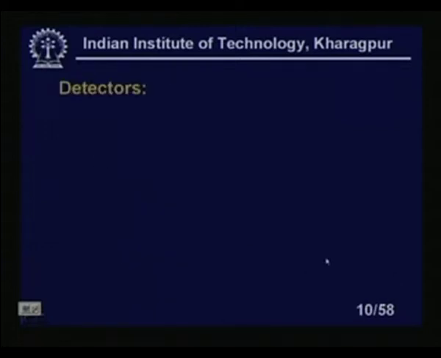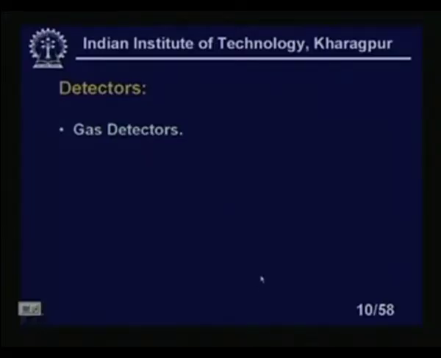Now, detectors. There are different sorts of detectors we will use in instrumentation. We will slowly explain all of these one by one. We have gas detectors. Gas will be ionized, that means an ionization chamber, because once the gas is ionized, I can say how strong the ray is. If the ray passes through some body, obviously some of the rays will be lost and we will get the remaining rays, so accordingly I can calculate.